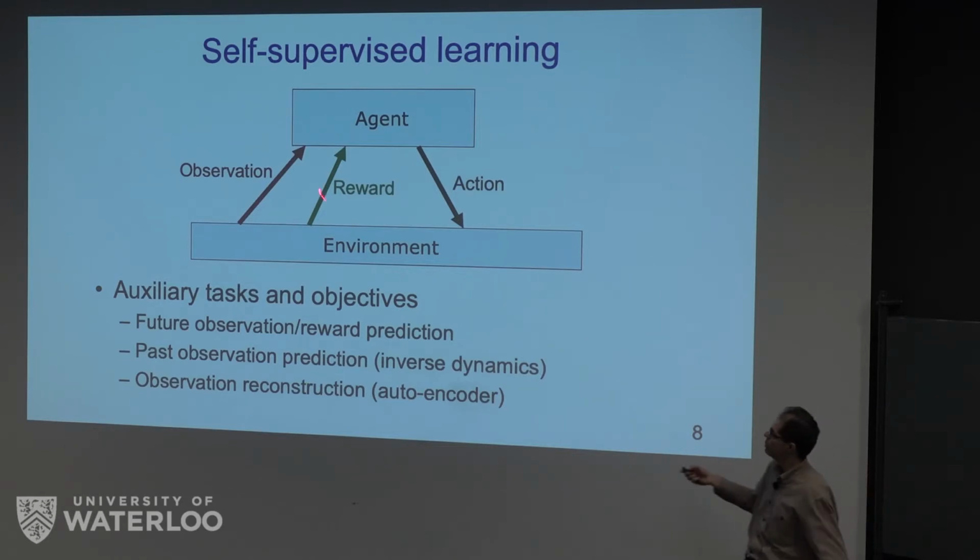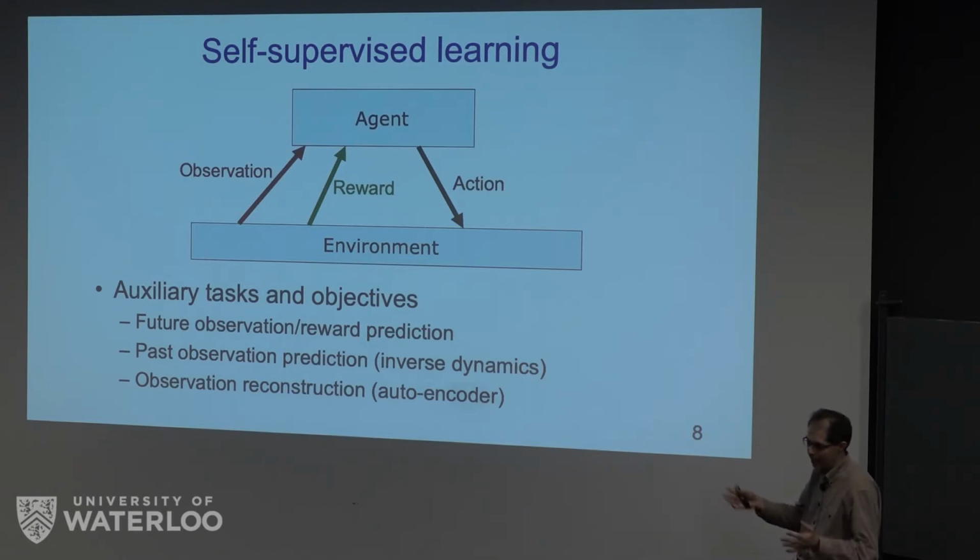So here when you look at reinforcement learning, the reward is what we typically use to do the training, but then there's another arrow here, the observation, that provides information back to the agent. That's not typically used directly to train, but what if we could use that to define some auxiliary task, some auxiliary objective, and then train the network faster?